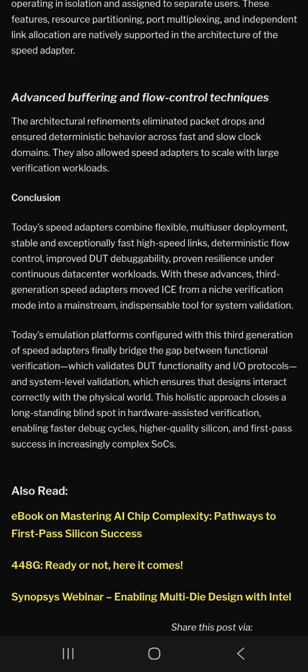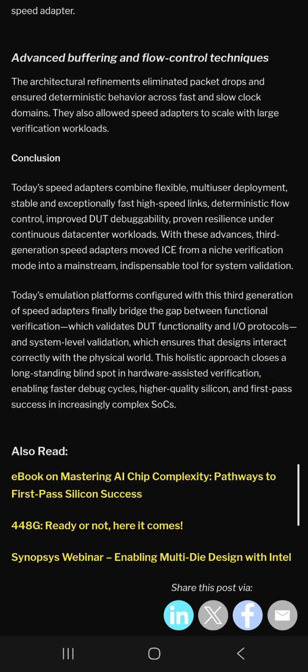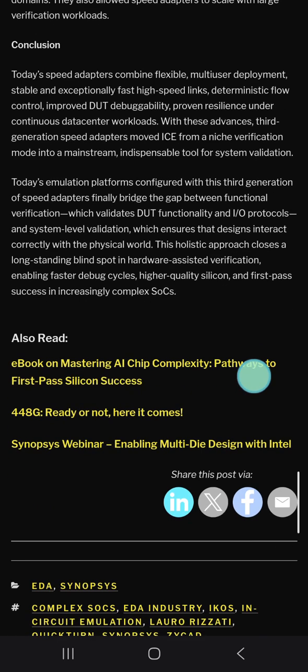Today's emulation platform, configured with the third generation of speed adapters, finally bridges the gap between functional verification, which validates DUT functionality and I/O protocols, and system-level validation, which ensures the design interacts correctly with the physical world. This holistic approach closes a long-standing blind spot in hardware-assisted verification, enabling faster debug cycles, higher quality silicon, and first-pass success in increasingly complex SoCs.